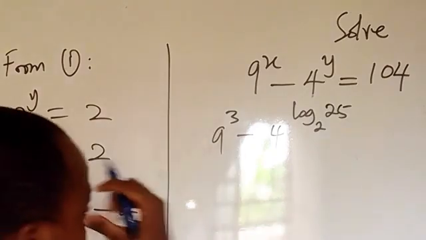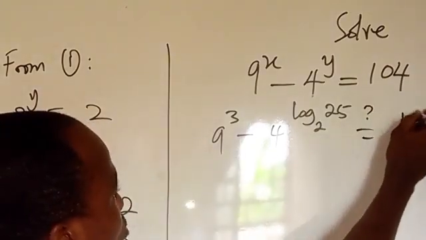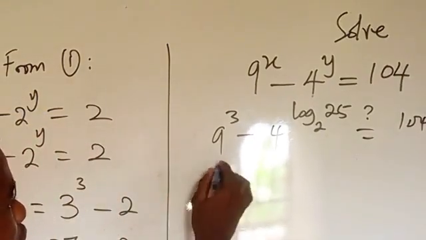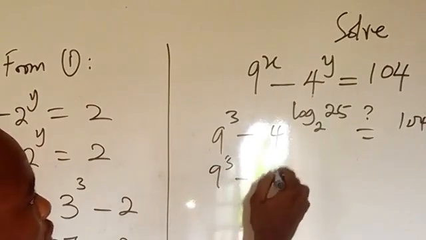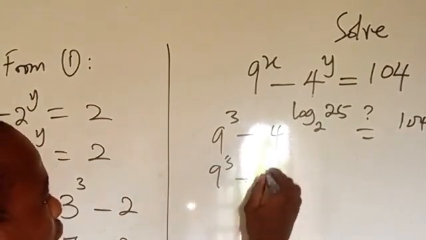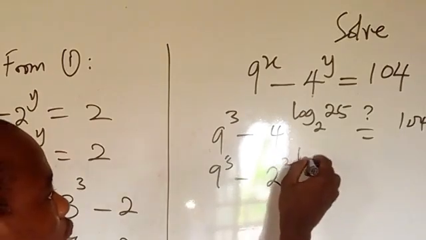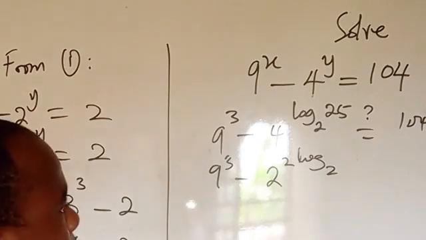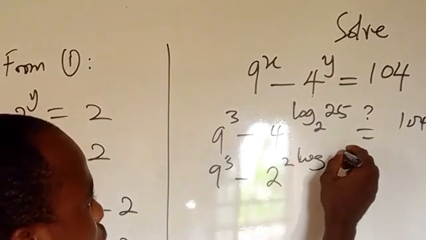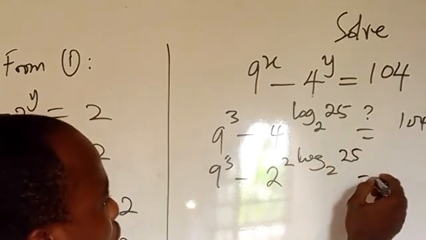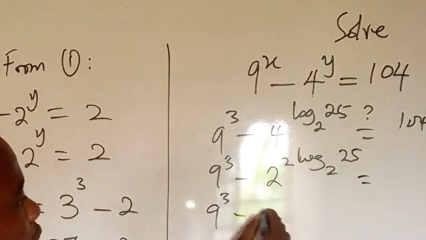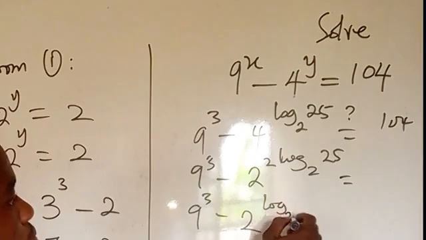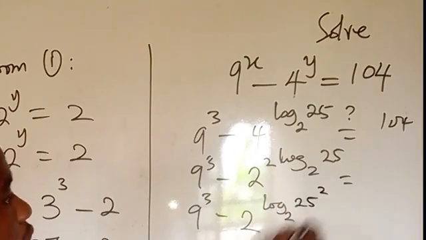From there, we want to know whether this is going to give us 104. So we have 9 to the power of 3 minus, here we have 4. You can write this 4 as 2 to the power of 2, to the power of log base 2 of 25. Then we have 9 to the power of 3 minus 2, and we bring the 2 down, so we have log base 2 of 25 raised to the power of 2.